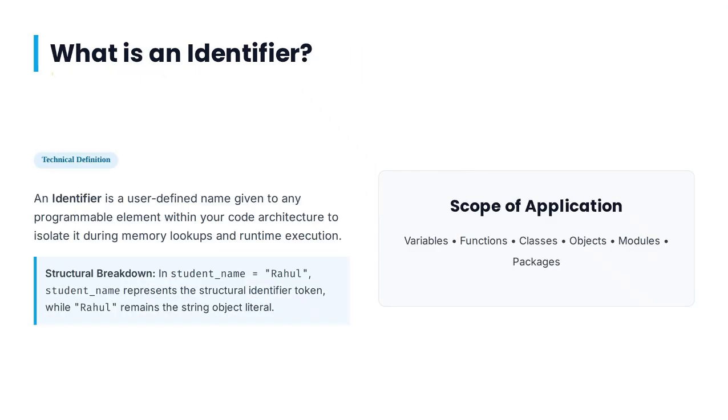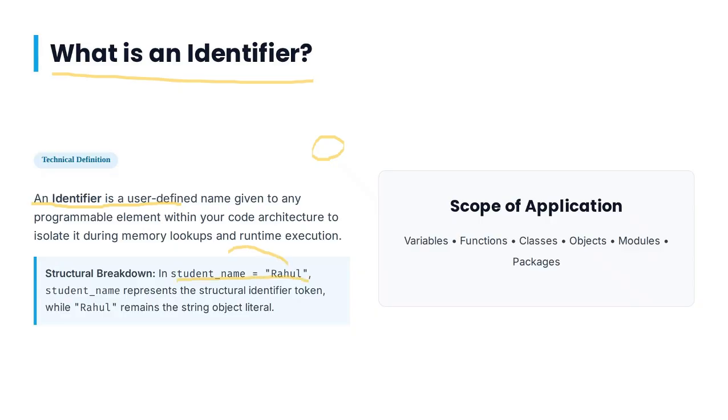Now, what is an identifier? An identifier is a user-defined name given to any programmable element within your code architecture to isolate it during memory lookups and runtime execution. So an identifier is the name given to the programmable element which stores the things we need to store in memory, such as in student_name equal to Rahul.